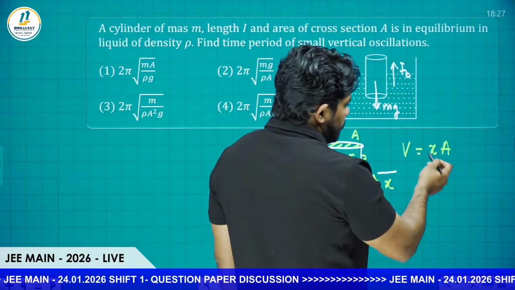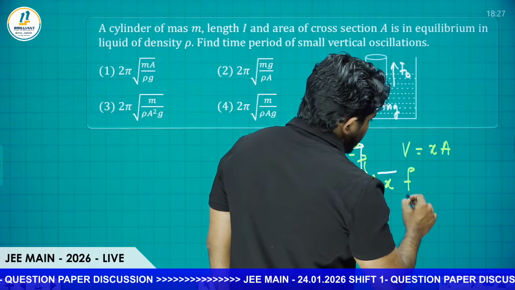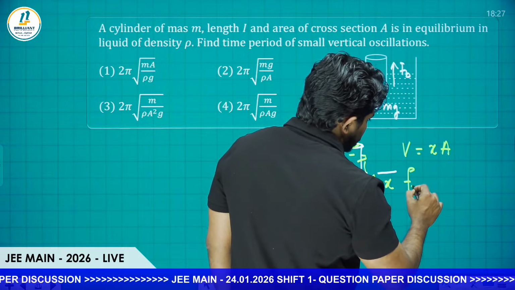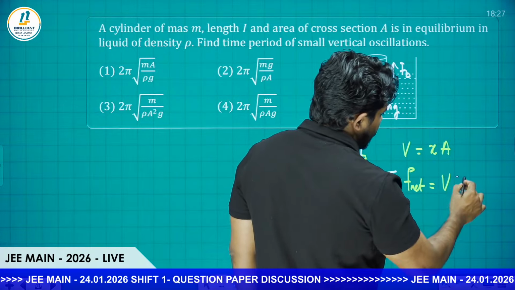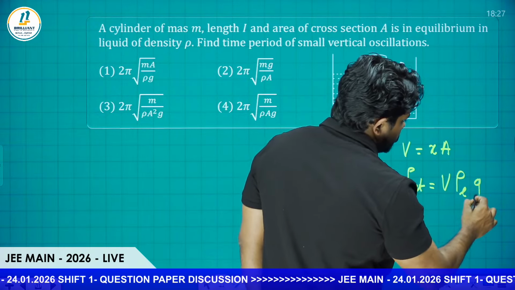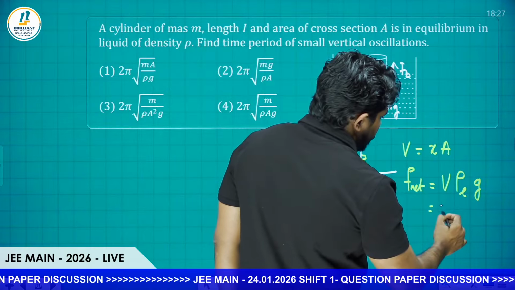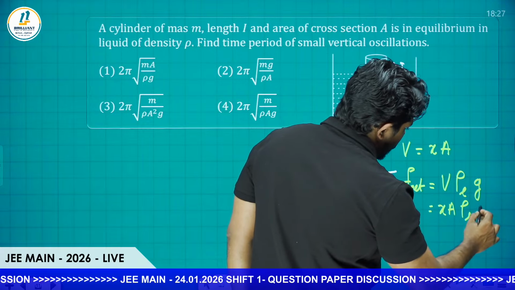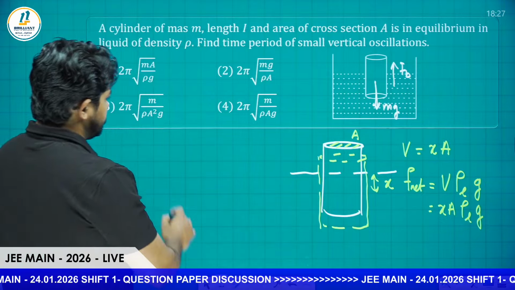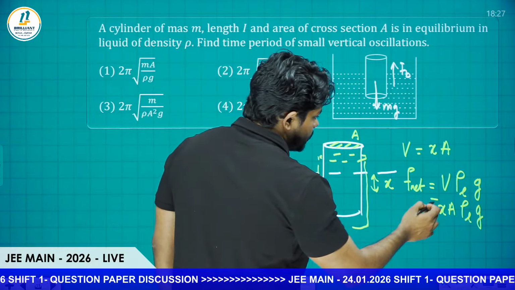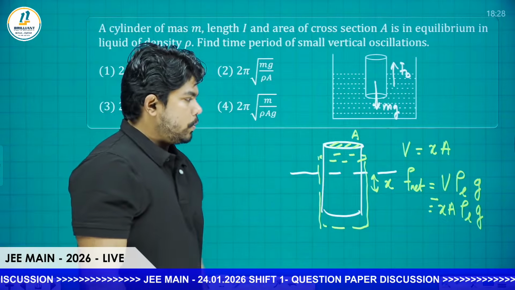So that will be the volume we have to take, and we can find the net force there, that will be equal to the buoyant force, which is V times density of the liquid times acceleration due to gravity. So what is the volume here? x times A, rho L, g. That will be the net force acting on the system. And since it is a restoring force, it is trying to restore its original position, we can take a negative sign also there.